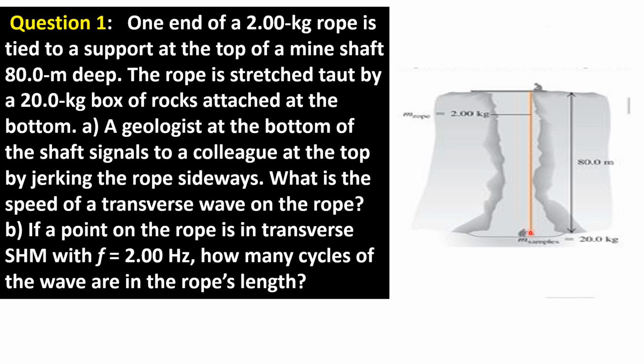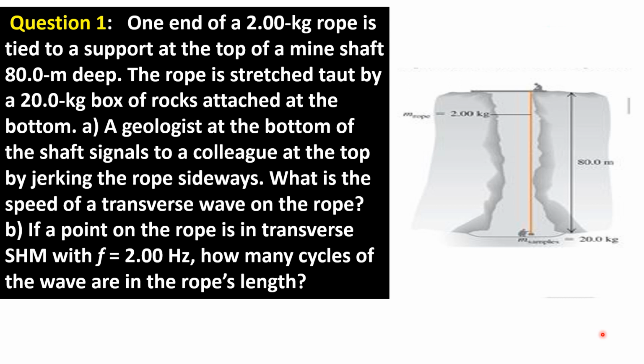So our first task is to determine the speed of the wave pulse, a transverse wave created in the rope. We are also going to determine the number of wavelengths, or the number of cycles of the wave produced in the rope.